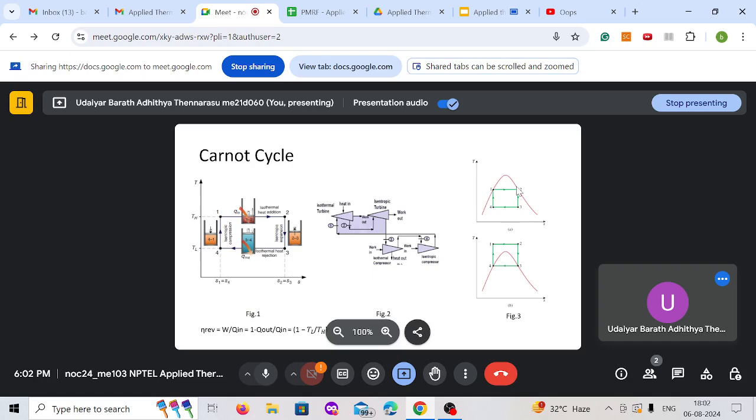In actual cases, none of the processes is reversible, so assuming you are close to a reversible process, it is adiabatic. That is an easier process. You just have to insulate the turbines to reduce heat going out or coming in, so there is no heat interaction.